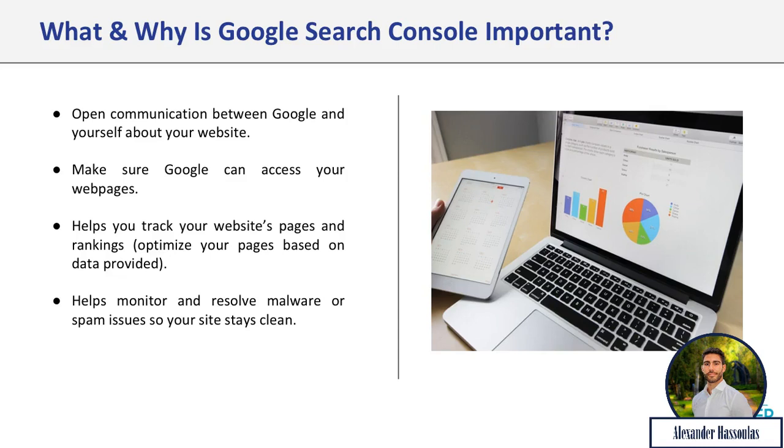The other really cool thing about Google Search Console, and the best tool, is there's an area in it, and we're going to make another video on how to use that, that shows you information on all your pages and how they're performing. You can check what terms each page is ranking for, and you can see how many people are clicking through to that page based off those terms.